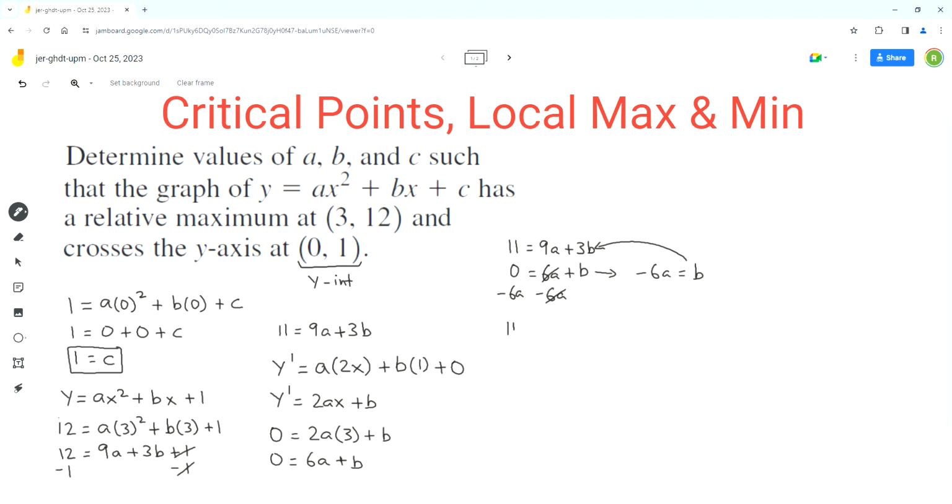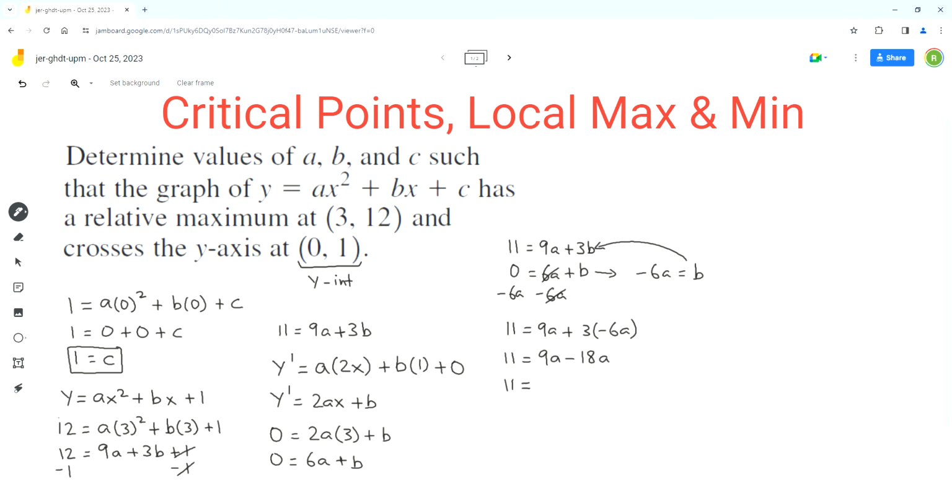Now we can do the substitution for b in the first equation. So we get 11 equals 9a plus 3 times negative 6a. Now we can simplify this equation. So 11 equals, we can multiply 3 by negative 6, we get negative 18a. Now we can combine the a terms.